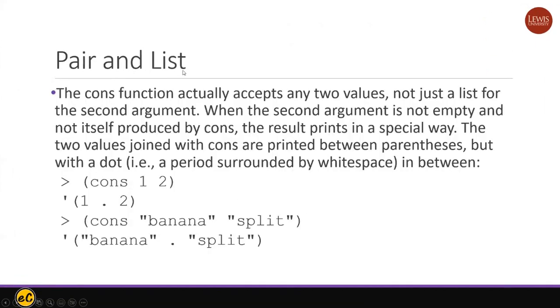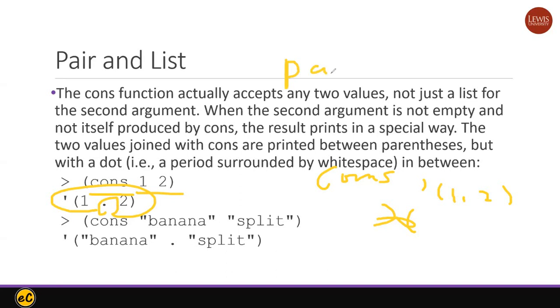So next one is pair and list. So you can do cons 1, 2. Cons is called construction. Construction is to build a pair. So you return #quote 1 period 2, which is called a pair. A pair is a tuple, just like a tuple in Python.